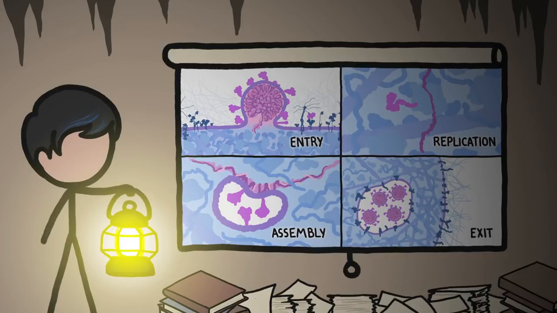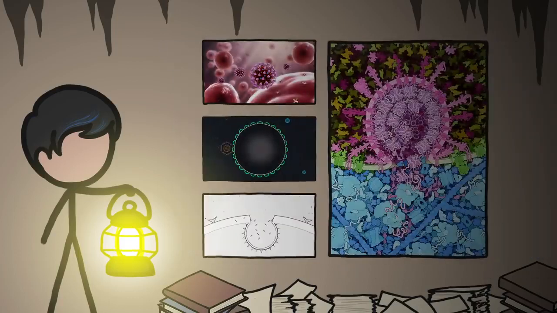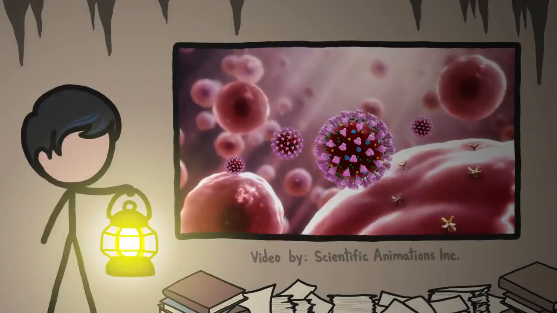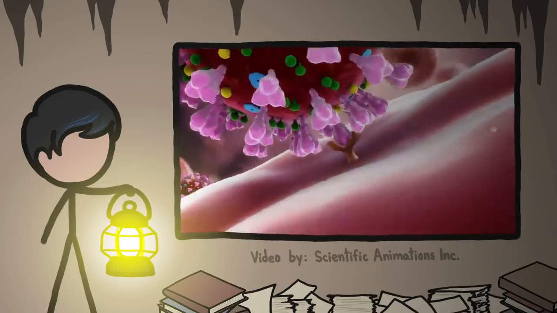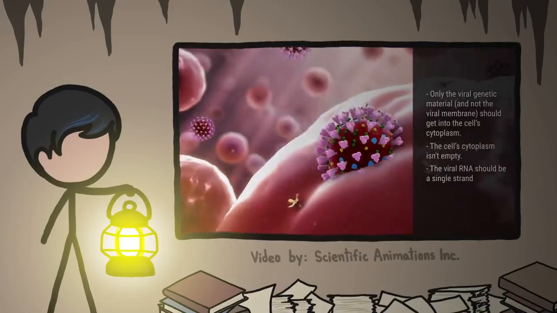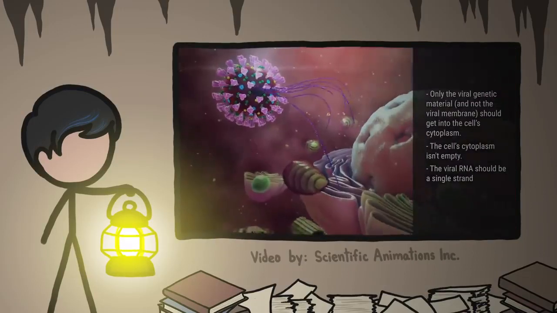But for now, this is all we need to know to review the various depictions at the beginning of the video. This one, for example, has a very detailed virus that sharply contrasts with the smooth surface of the cell and the empty surroundings. The attachment mechanism is unrealistic, and I can see how it would be friendly to a casual viewer, but the entry depiction is definitely very inaccurate.